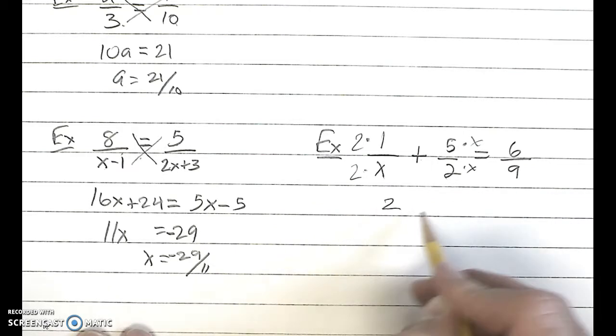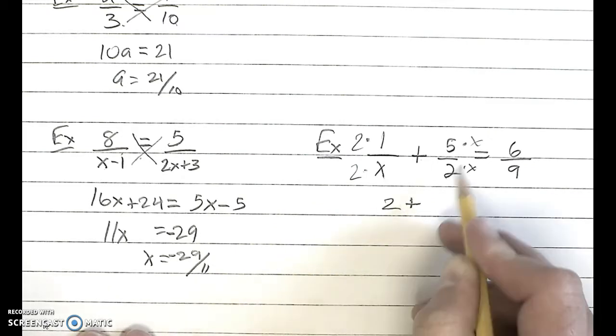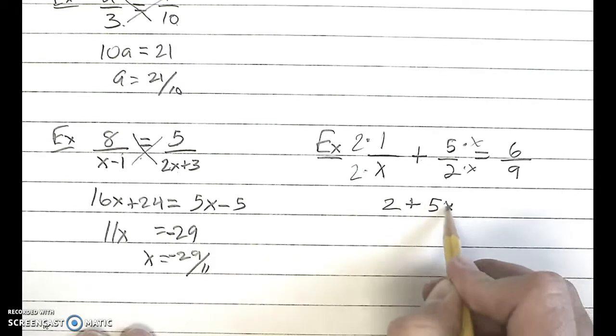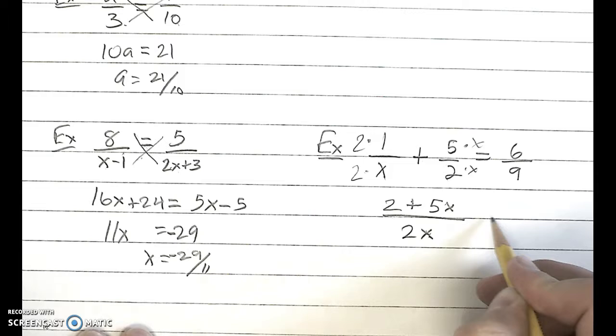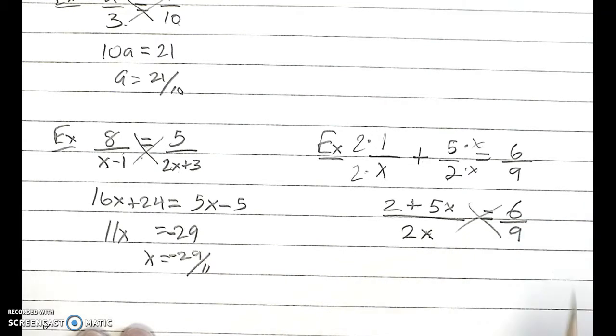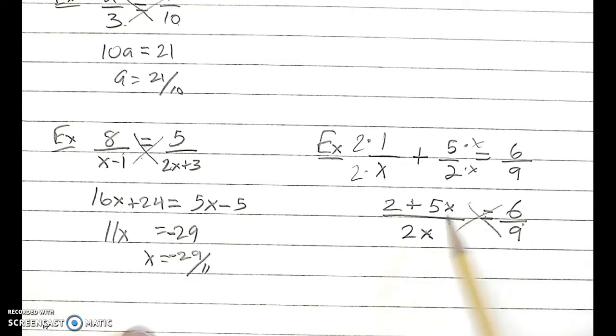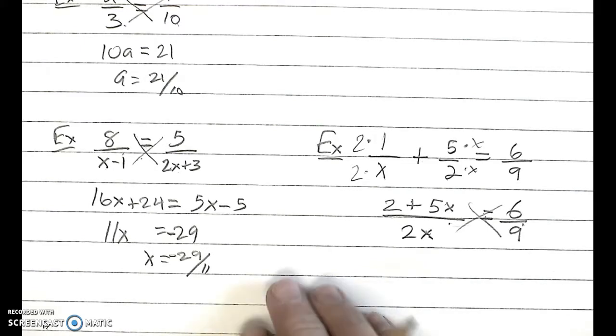I've got 2 plus 5x, all over 2x. This equals 6 over 9, which now I can cross multiply, because I have a fraction equals a fraction, and then solve similarly.